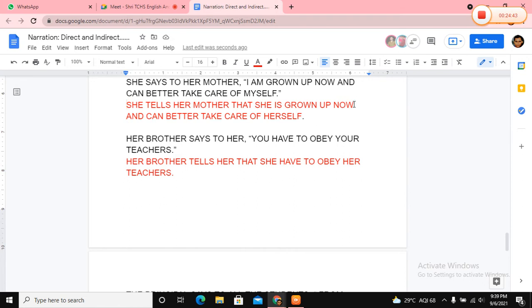Now will be converted into then, or we should not change it. I guess now will not be changed because we are still dealing in present tense. She tells her mother that she is grown up now and can better take care of herself. So I will become she and myself will become herself, because she is the subject there.